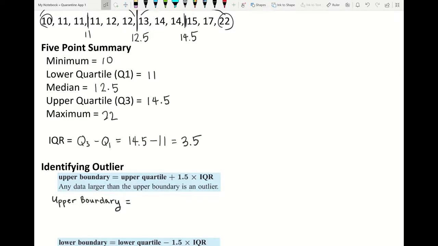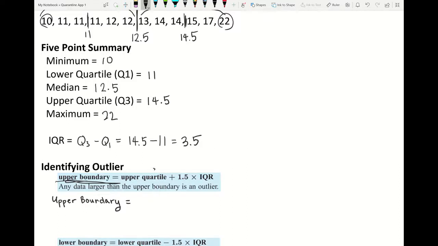So to find upper boundary, here's the formula. Upper boundary is upper quartile plus 1.5 times interquartile range. So what is upper quartile?